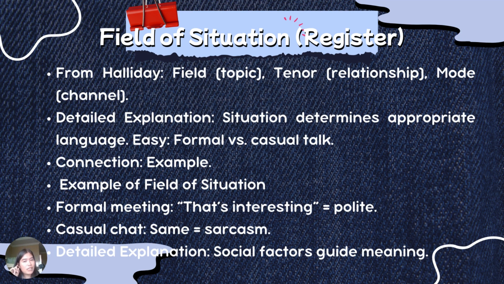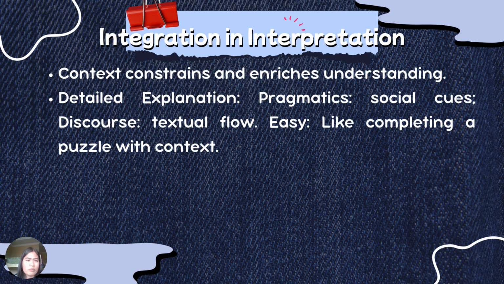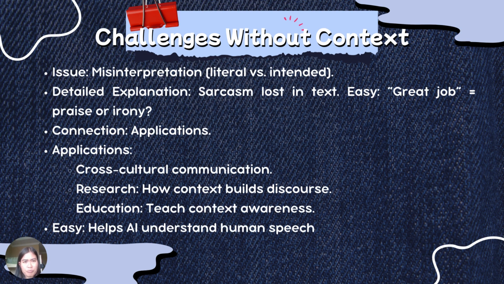So the next is the field, tenor, and mode of situation, which determine appropriate language, formal versus casual talk. So context constrains and aids understanding, with social cues, discourse, and textual flow, like completing a puzzle with context.